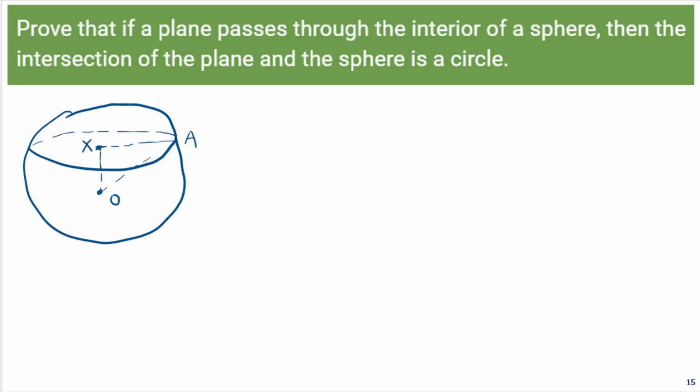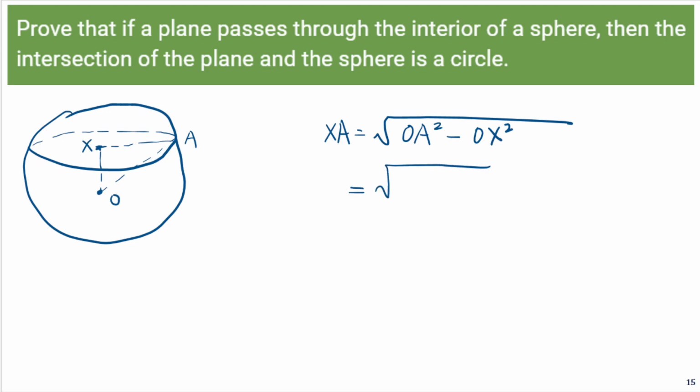is a right triangle, we have XA equals the square root of OA squared minus OX squared. OA is just the radius of that sphere, so we have XA equals the square root of R squared minus OX squared.